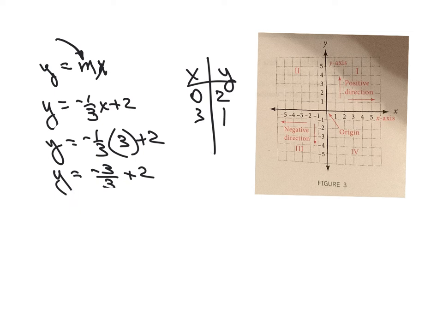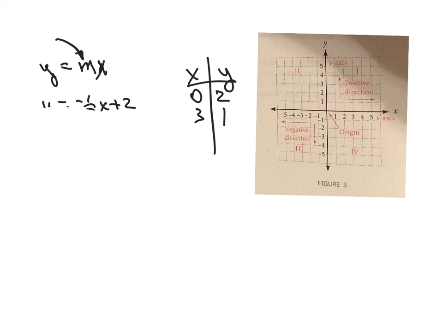Okay, let's try another. I need to write my equation back. I erased it. What was it? Y equals negative 1/3 x plus 2. Okay, so we tried 3. Let's try negative 3.